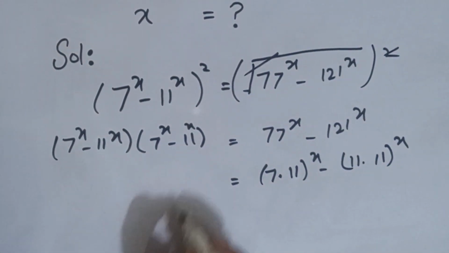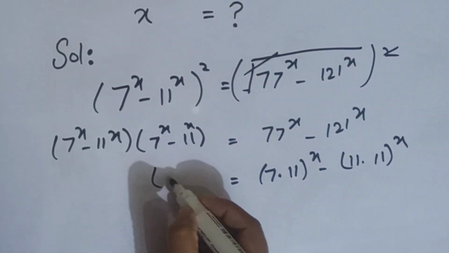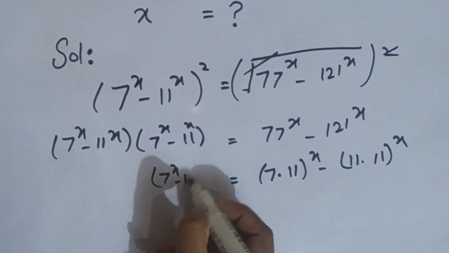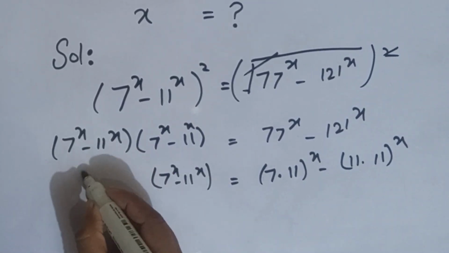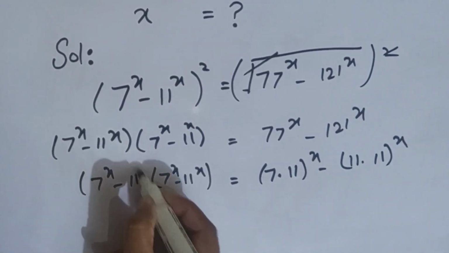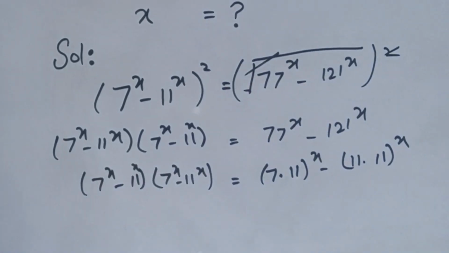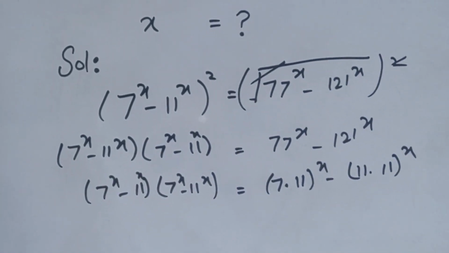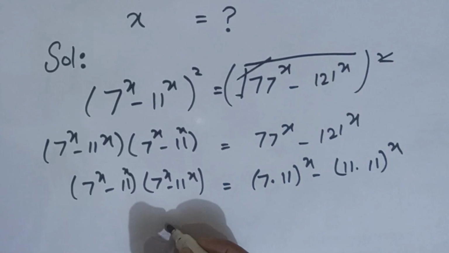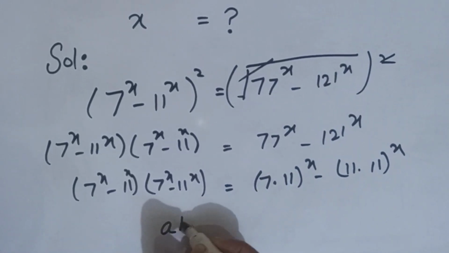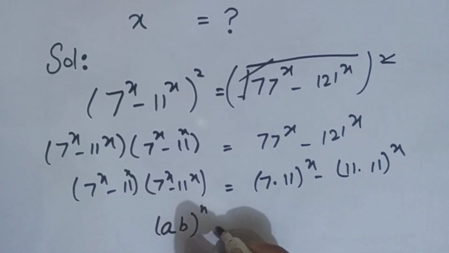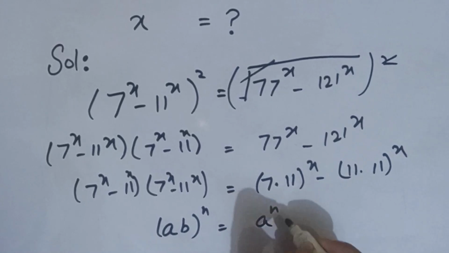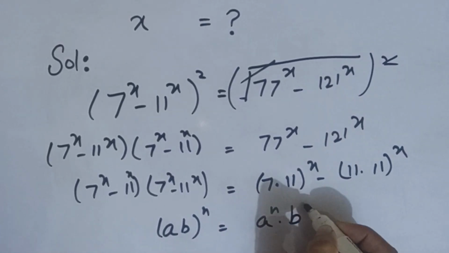Now in the next step, we copy this side: (7^x − 11^x)(7^x − 11^x). Now we use this identity: (a × b)^n is equal to a^n × b^n.